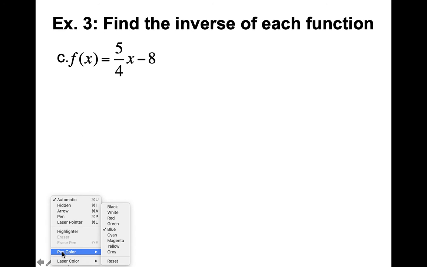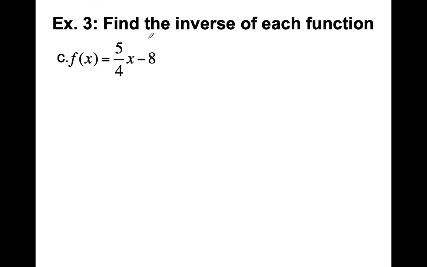All right, letter C, a little bit different. So for this one, same steps. We're going to change f of x to y. And again, you can skip that step.